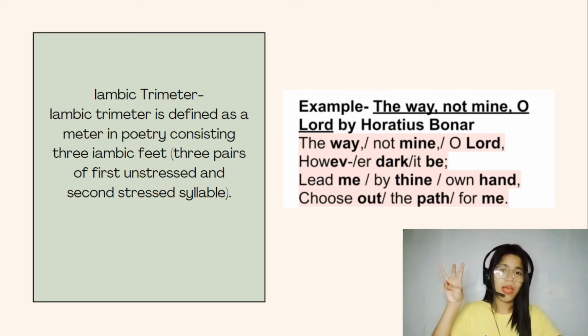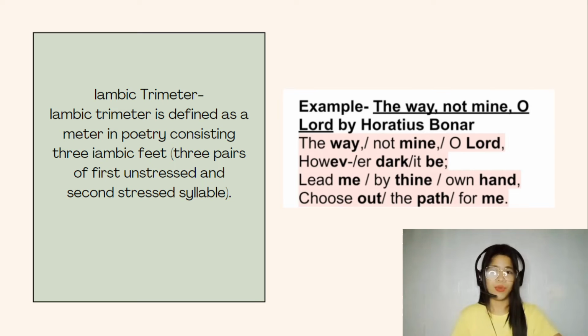And then the third line, lead me by thine own hand. And then the fourth or last line, choose out the path and for me. So that's the iambic trimeter. Again, iambic trimeter consists of three iambic feet.